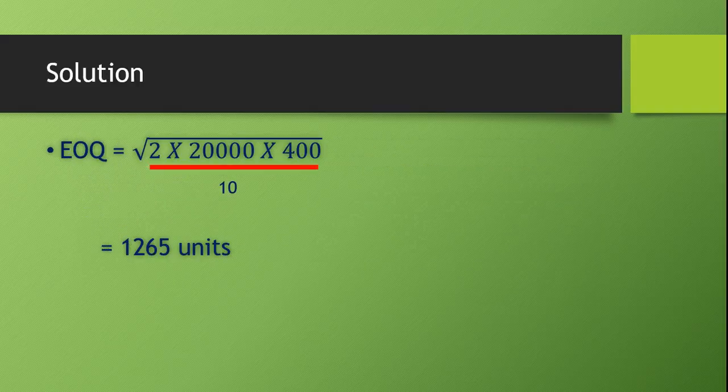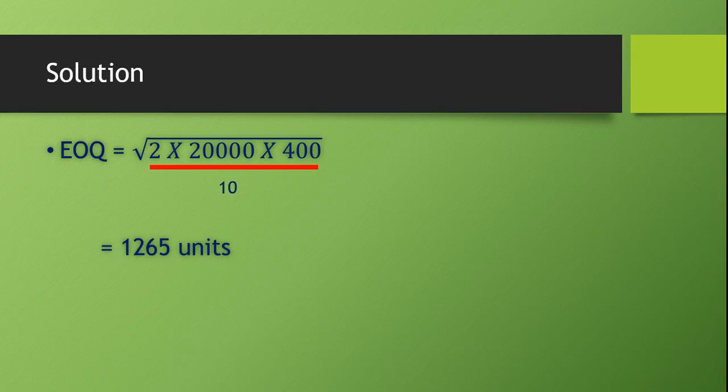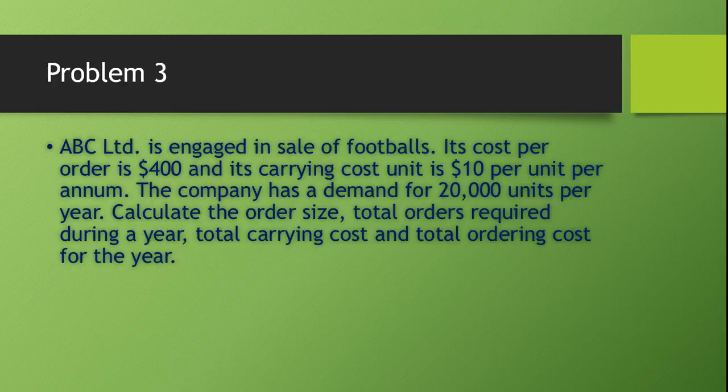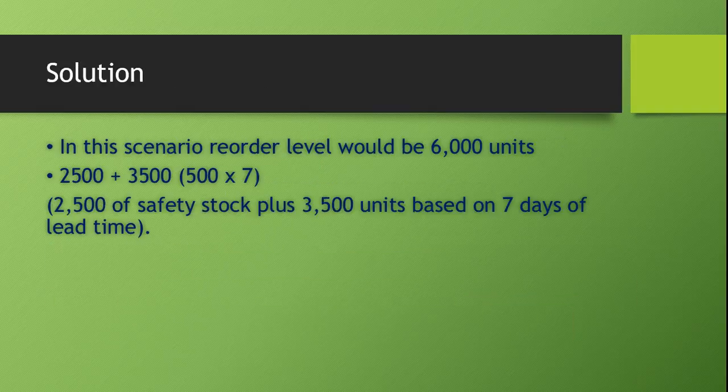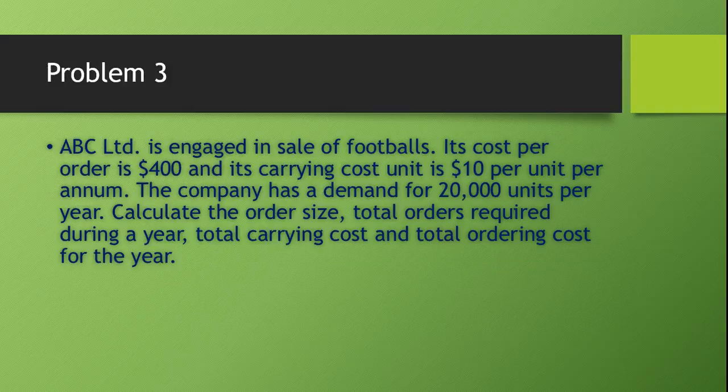It's a very simple problem, and we can easily calculate the EOQ. Once the EOQ is found, you can find out all the others. Like in the case of the earlier problem, we immediately found that 3,500 is the order size.